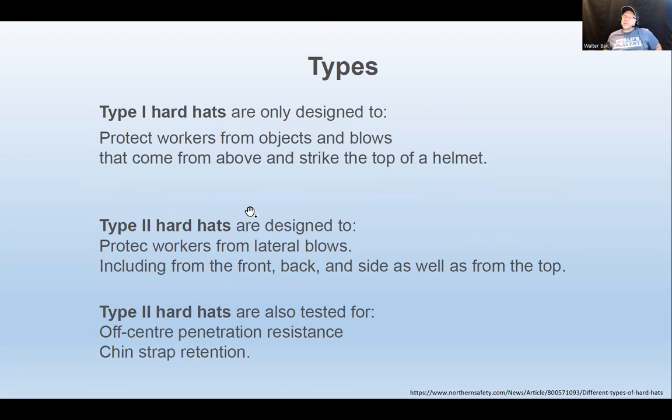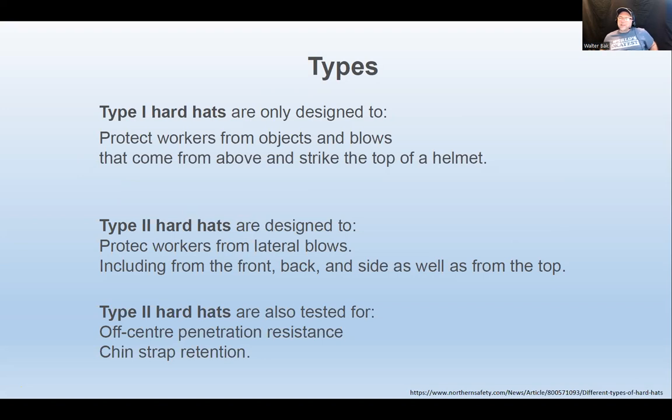During the orientation, somebody asked if we need type 1 or type 2. And I think by mistake, I said type 2, but I meant type 1. So now it's official. We don't need type 2, but type 1 is fine. What is the difference? Type 1 is designed to protect workers from objects and blows that come from above and strike the top of the helmet. Type 2 is designed to protect from hits from the sides, front and back.